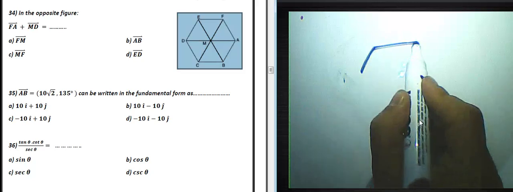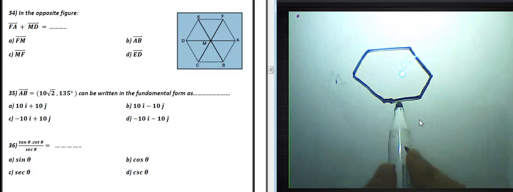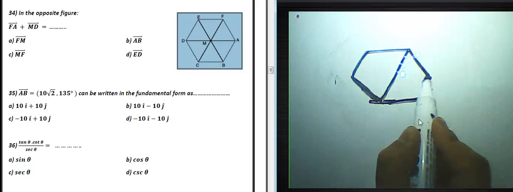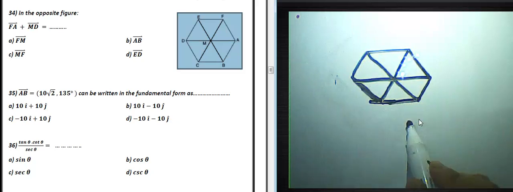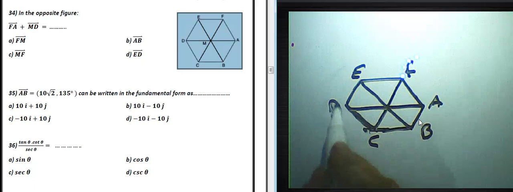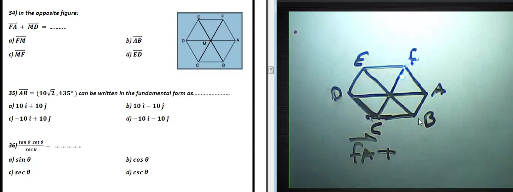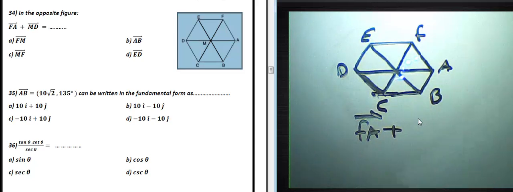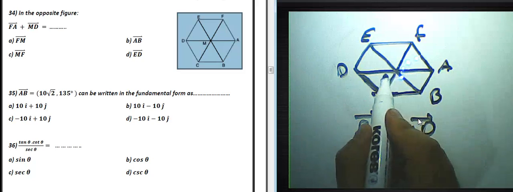Again, I will draw here to help my students understand. In this shape we have a diagonal, and they give us E, F, A, B, C, and D. He asked about vector FA plus vector MD, where M is this point.